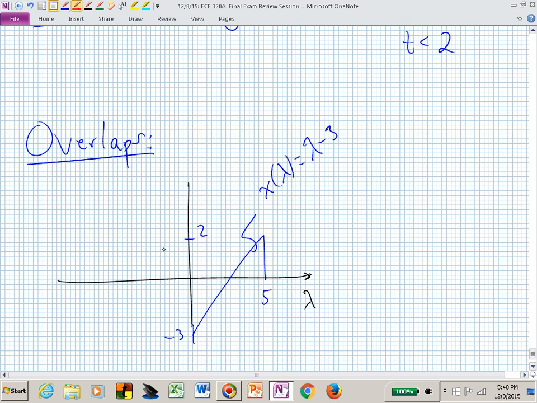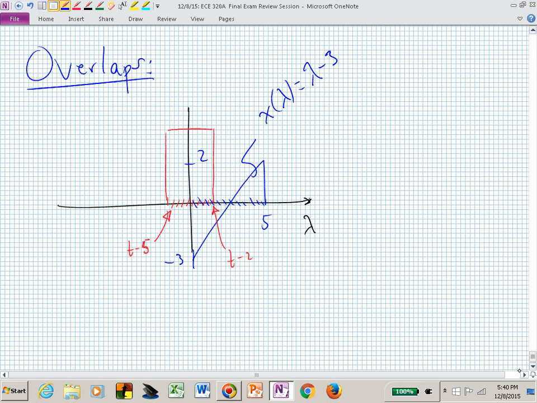We now have slid this guy, t minus 2, and this guy, t minus 5, right there. So that this one has an interval of support there, and the x has an interval of support here.